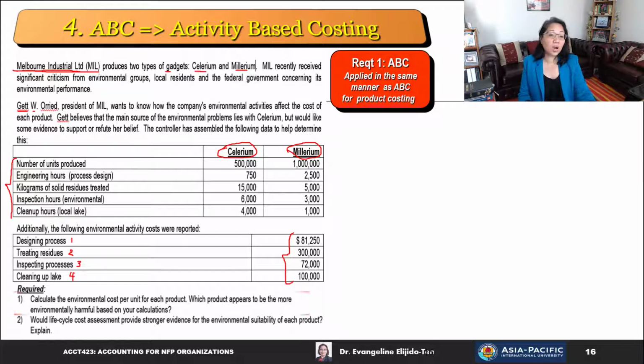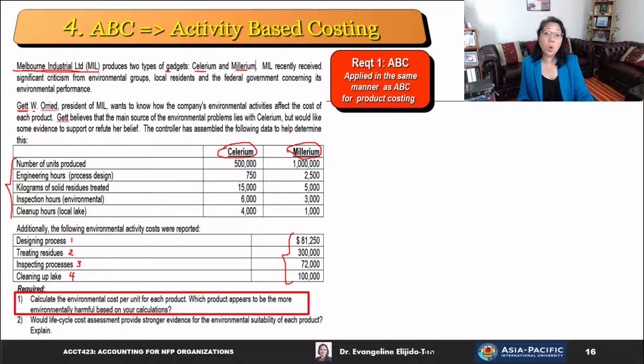So the first requirement is to calculate the environmental cost per unit for each product. And we are also asked which product appears to be more environmentally harmful based on our calculations. So for those of you who still remember activity-based costing, we will apply the same principle and steps in this scenario.